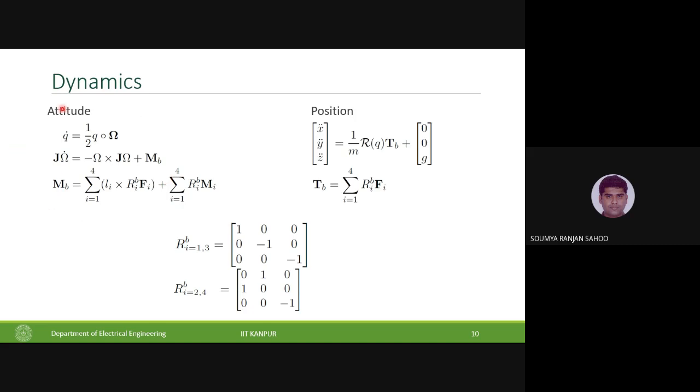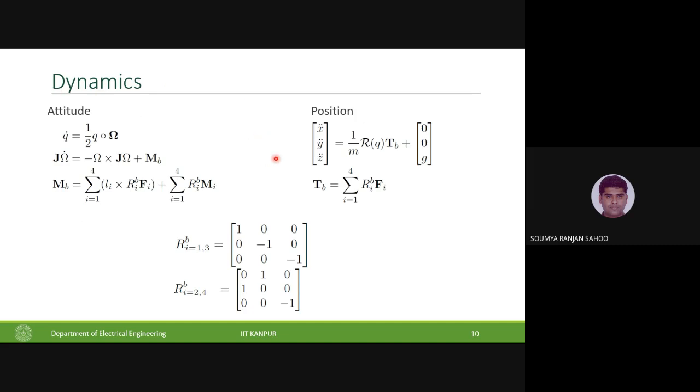In most literature, you would also find that the position dynamics is represented in the body frame, so that you have both attitude and position dynamics represented in one single frame.